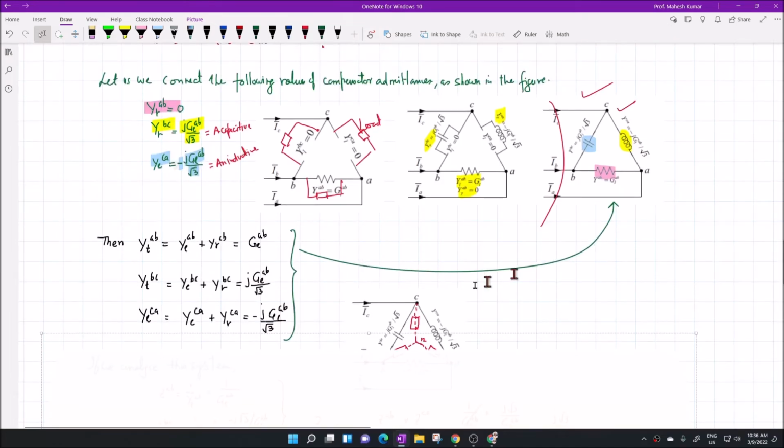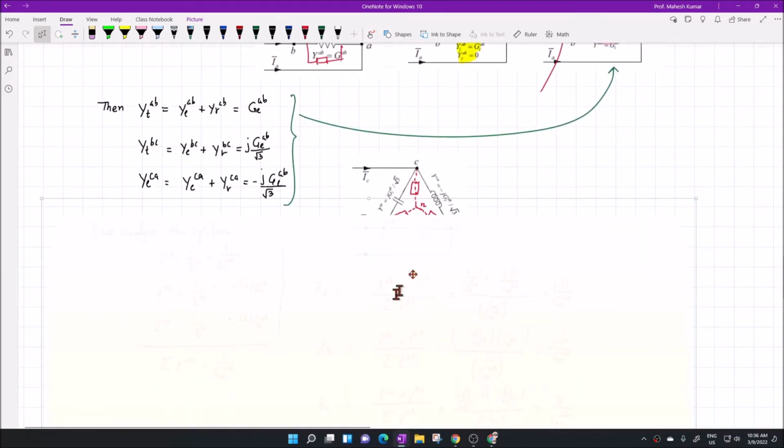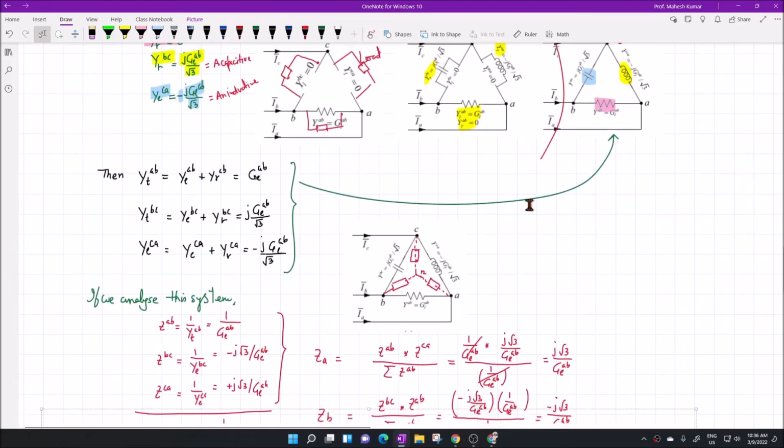Now, what is the total admittance including the compensator? The total admittance is nothing but the sum of Y_LAB and Y_γAB. Since Y_γAB is 0, therefore Y_total,AB is G_LAB.